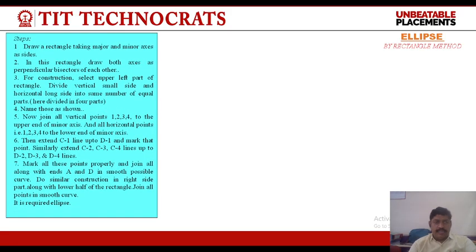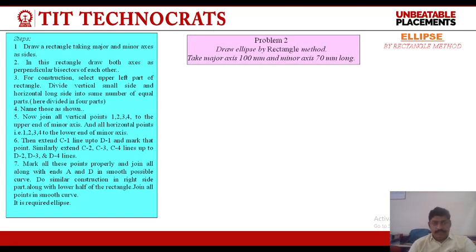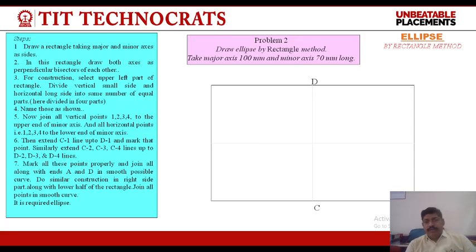Now the rectangle method. It is the same, the major axis 100 mm and minor axis 70 mm, and we name them, that is D and C for the minor axis. Draw one part of this rectangle and divide it into 3 parts, and the horizontal line is also divided into the same equal parts.